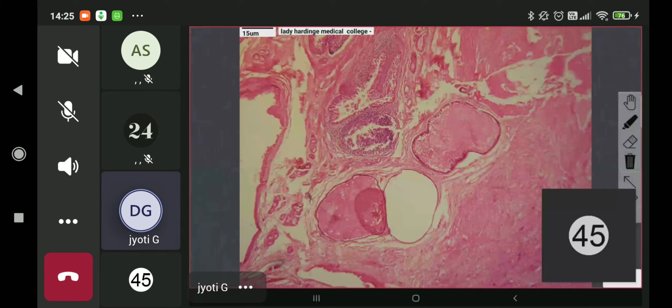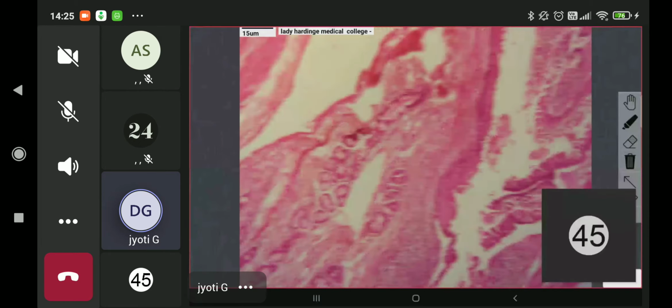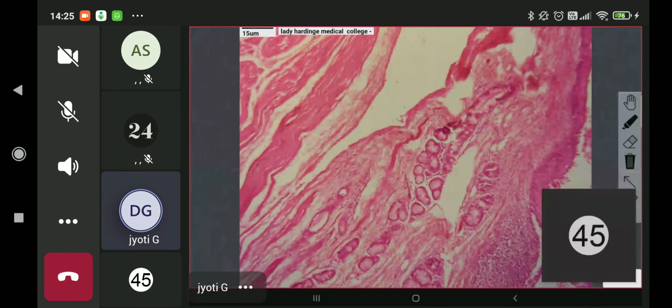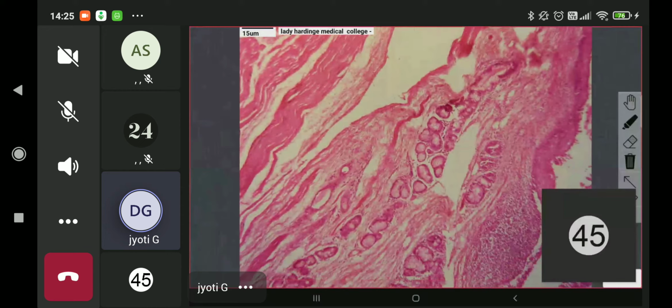See, these are mucus glands you see in bronchus, right? So these glands are resembling those. Can you see these?